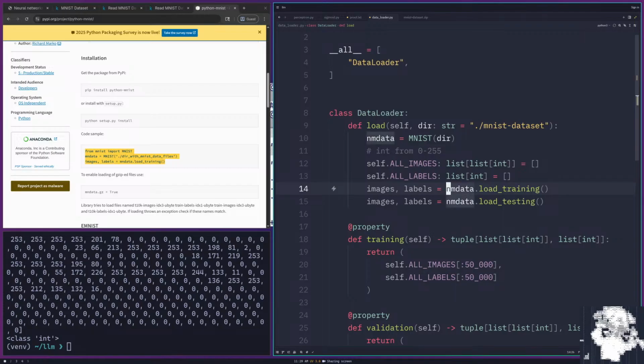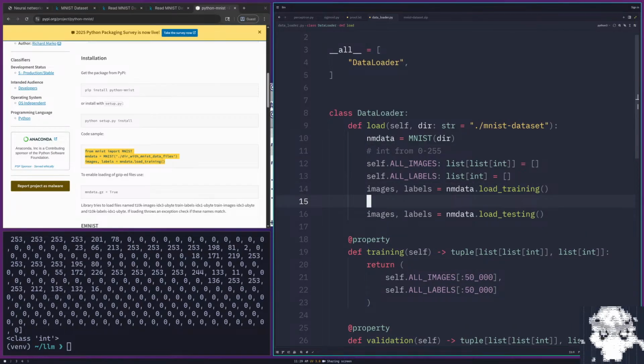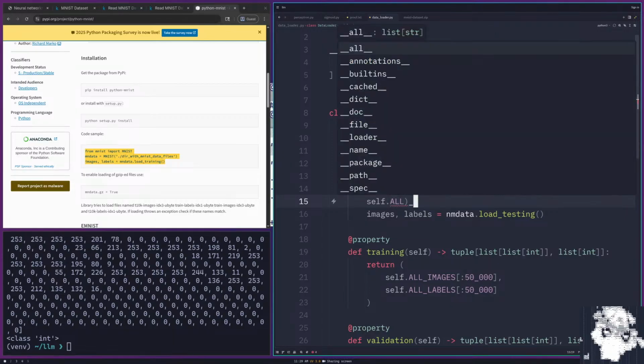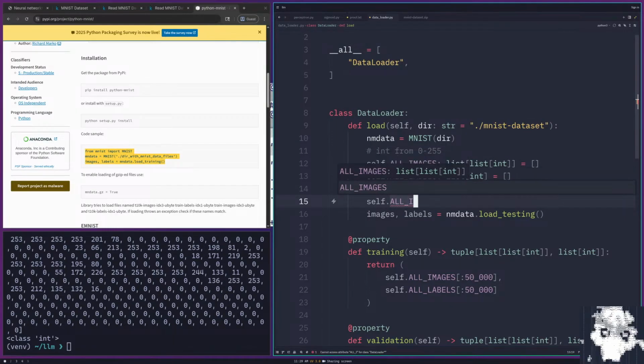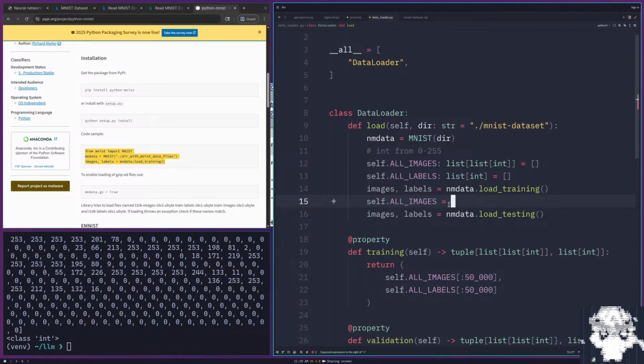Then I just want to extend this each time. So self.allImages. Oh wait, but this is an array, right? The labels are an array? I'll have to convert them to a list.